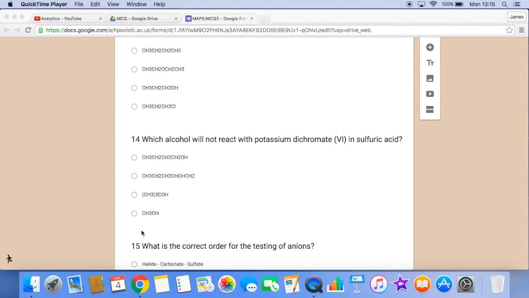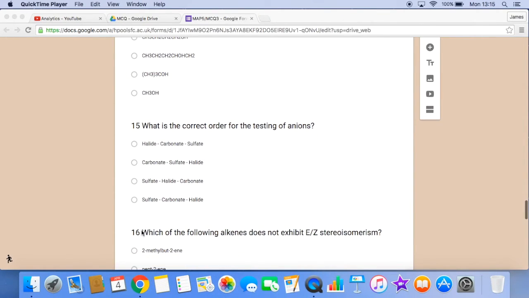Number 14, which alcohol will not react with potassium dichromate(VI) in sulfuric acid? 15, what is the correct order for the testing of anions?